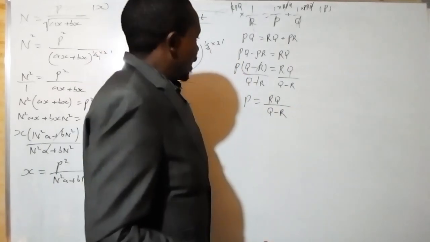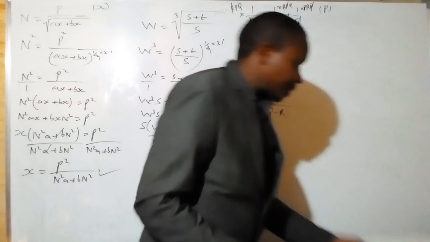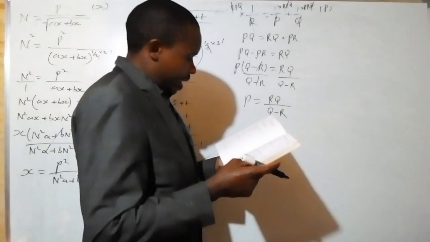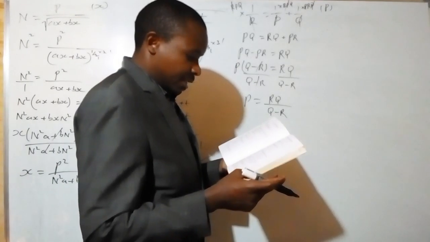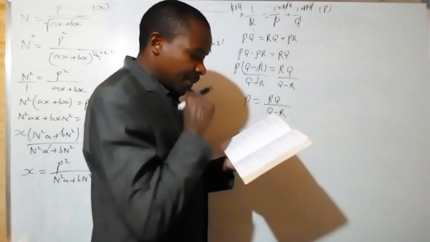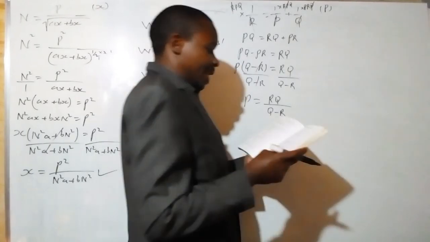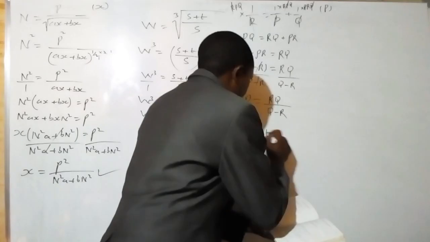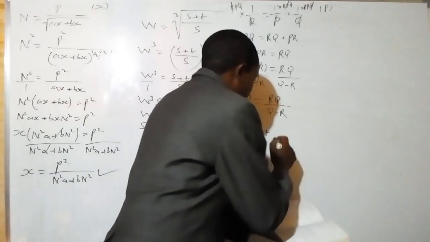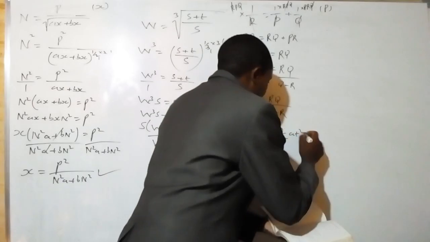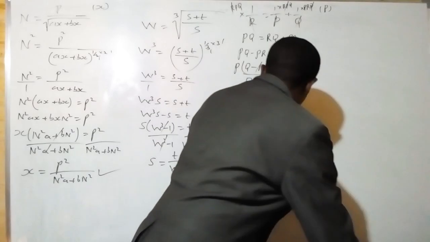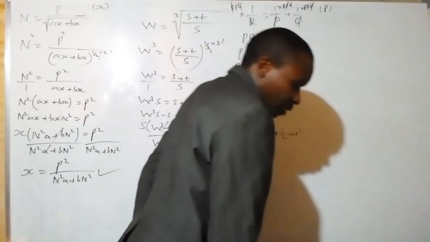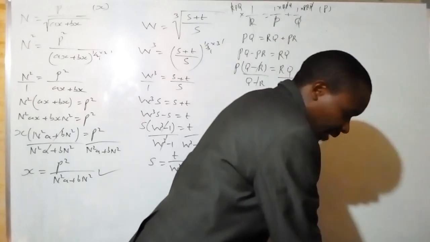And so we are going to have another one on the same. You are given s is equal to ut plus half at squared, the distance equation with acceleration and velocity. They want us to make t the subject of the formula.